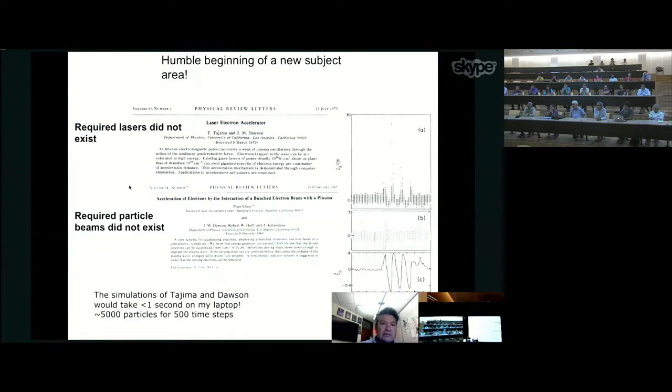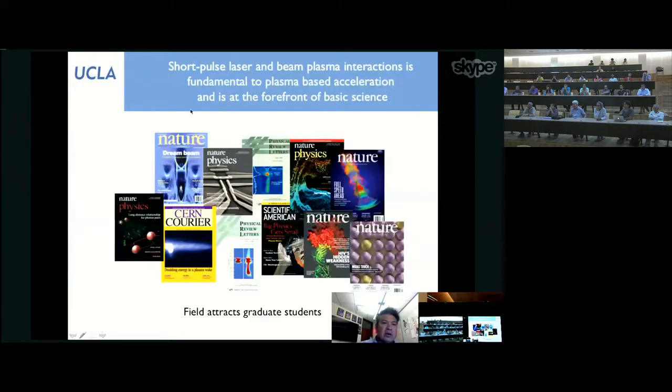It doesn't mean you should stop performing basic research. Another thing about this field, although it's driven by these large projects of a linear collider or a light source, is that the field of short pulse laser and beam plasma interactions is fundamental to this field, but it's also at the forefront of basic science.